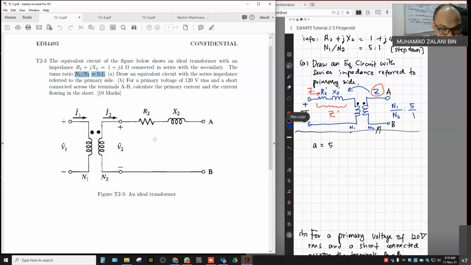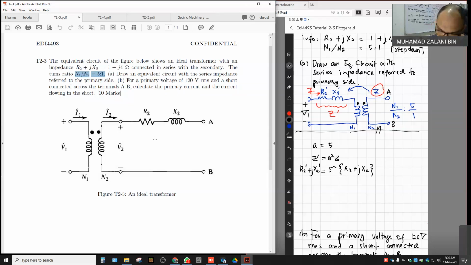So basically what we do here is to just use the formula, which is Z prime is A square Z. Z prime is R2 prime plus j X2 prime. A square is 5 square. Z is R2 plus j X2.